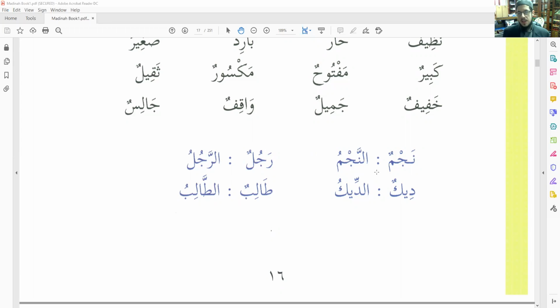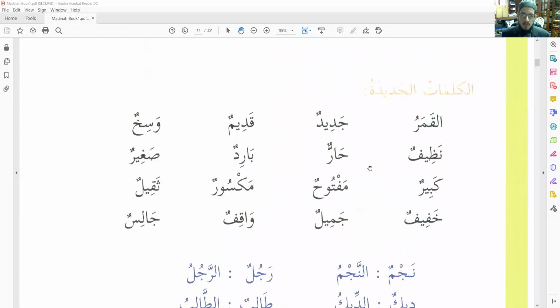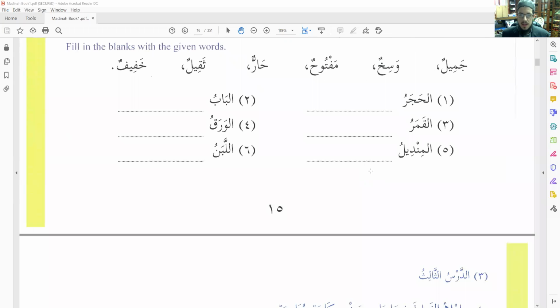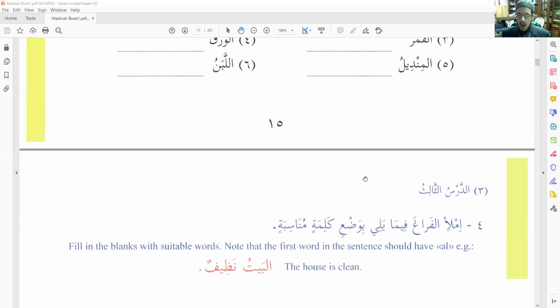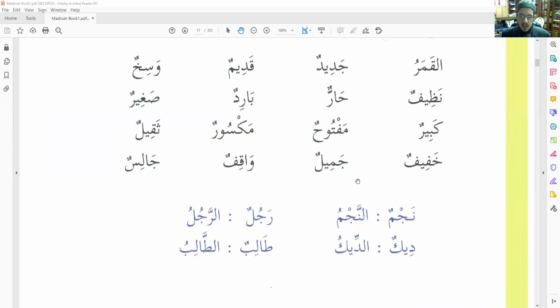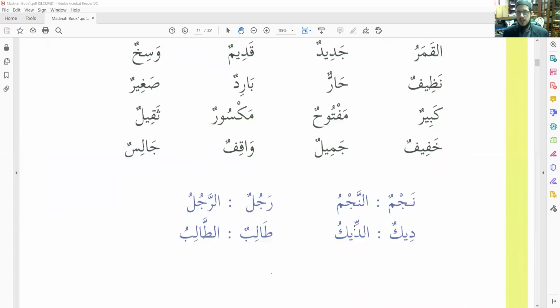Look carefully at these four examples and compare them with the examples that we had previous to this: Al-Hajaru, Al-Qamaru, Al-Mindilu, Al-Babu, Al-Waraqu, Al-Labanu. Who notices something slightly different about these examples?